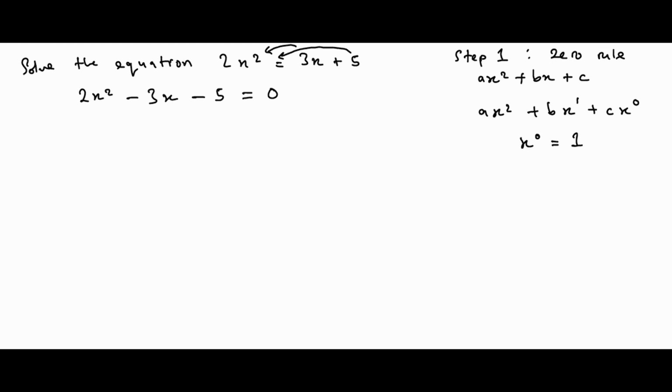Go back to the laws of indices if you don't remember. So we start with the highest power, which is 2, then the second highest, which is 1, and end with 0. Cx to the 0 is the same as c times 1, which gives us c again. So we have only changed the form of that expression.